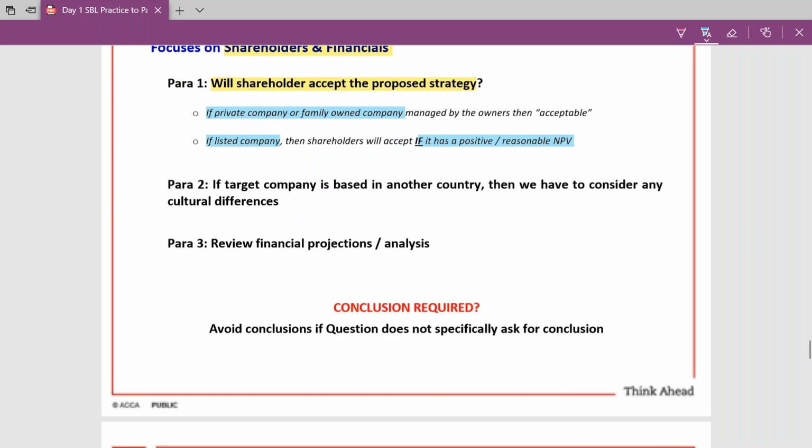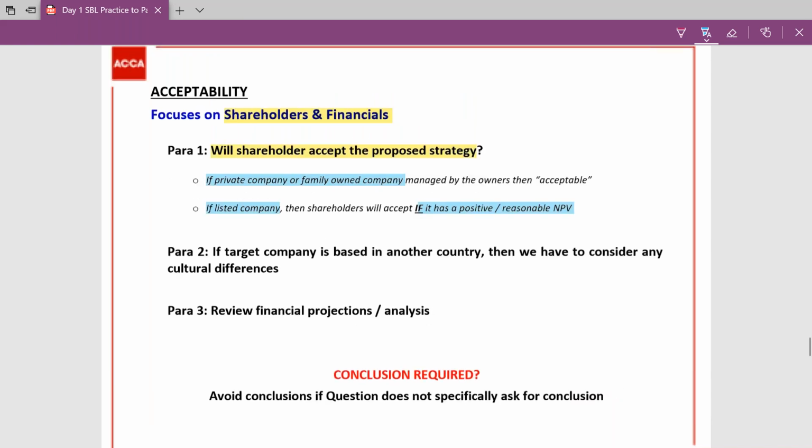So obviously, you will be given some financial projections in the exhibits regarding the proposed acquisition, and you are expected to review the projections and make some comments about the financial aspects of the proposed strategy.